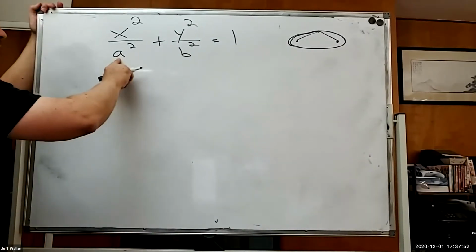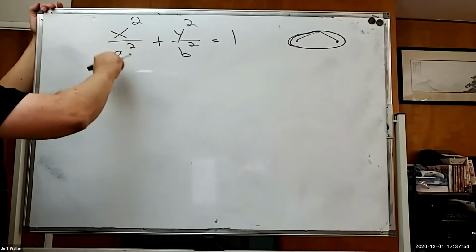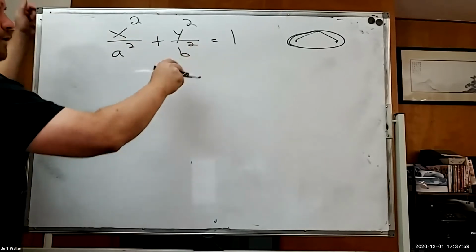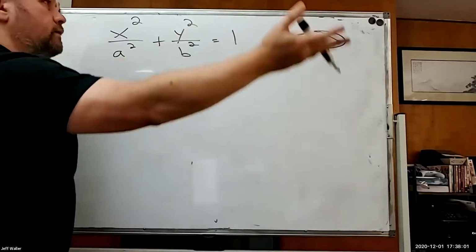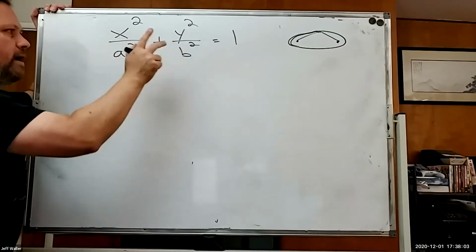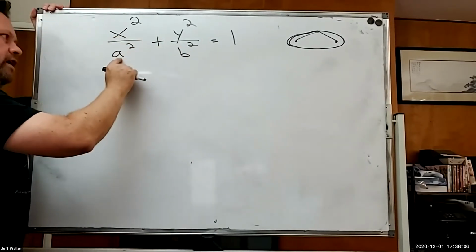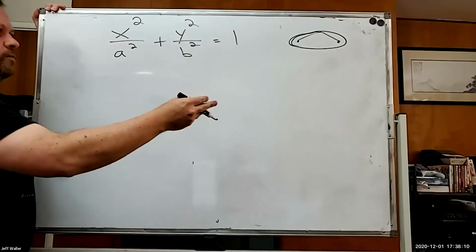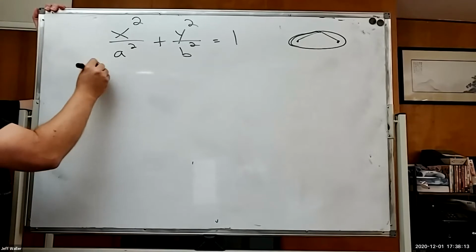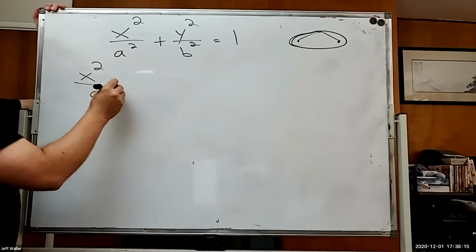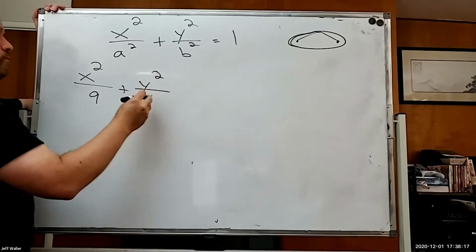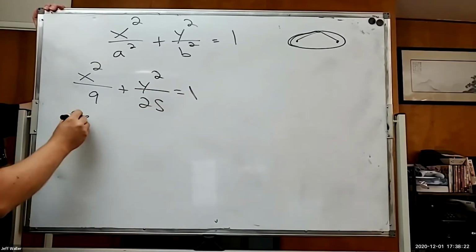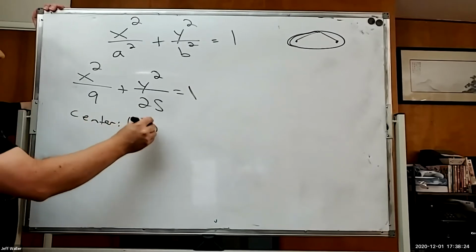So a is going to be the length along the x-axis from the center, but the center here is 0, 0. b will be the length along the y-axis. Does the choice of letters a and b matter? No, just whatever numbers: the x term tells you how far you go in the x direction. So if I had something like this, the center is obviously 0, 0.